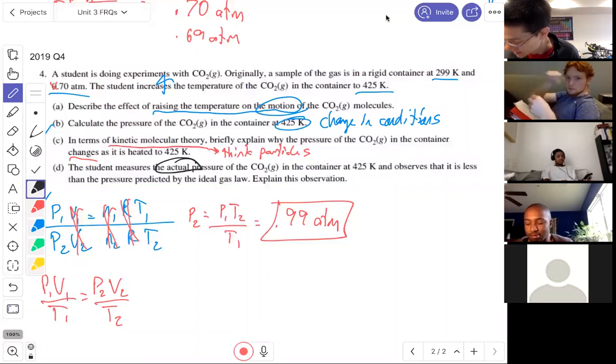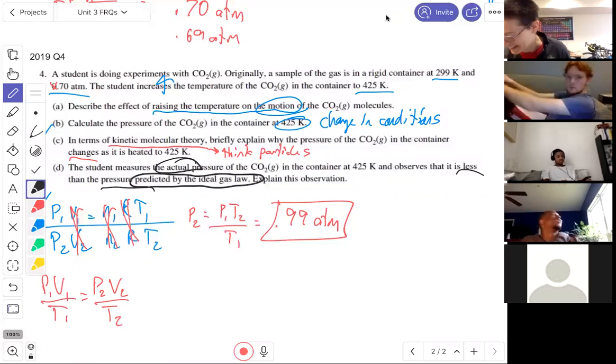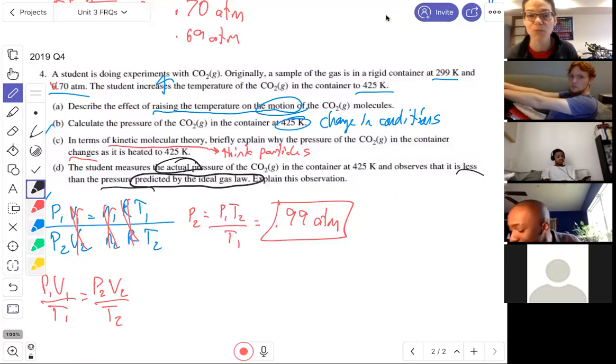And then the last one: the student measures the actual pressure and observes that it is less than the pressure predicted by the ideal gas law. Explain why. Because nothing is ideal in this world. I know, but explain what matters the most here. Less pressure is caused by which of the factors? Greater volume? Nope, we're not dealing with volume.